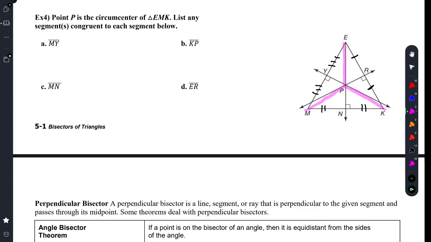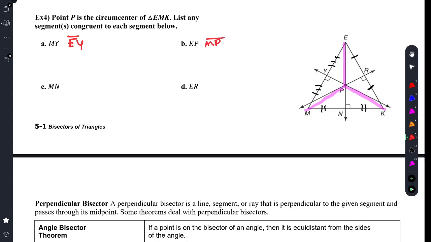Let's see if we can answer this. What's MY congruent to? All right, EY. All right. Anything else? No. All right, KP?